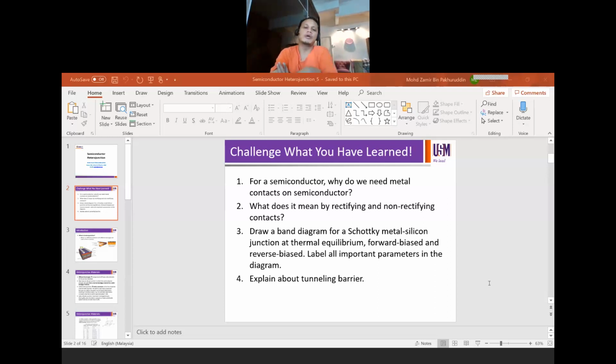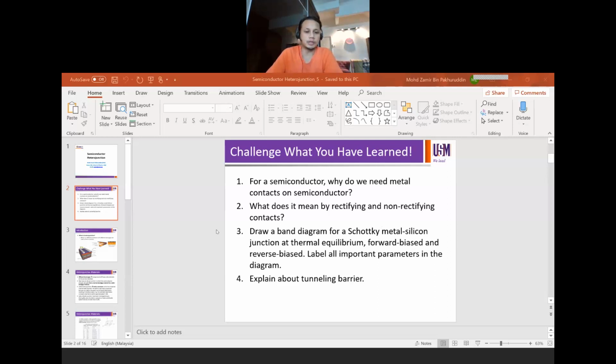Then you need to have your work function on both cases for metal and semiconductor, where it stretches from your E naught to your EF, right? And electron affinity as well, until your EC for both sides, and so on and so forth. Barrier height and other stuff as well. Okay, so make sure you practice on how to draw the metal contacts for both types of connection, and also make sure you know how to draw the forward bias and reverse bias condition for both metal contacts.